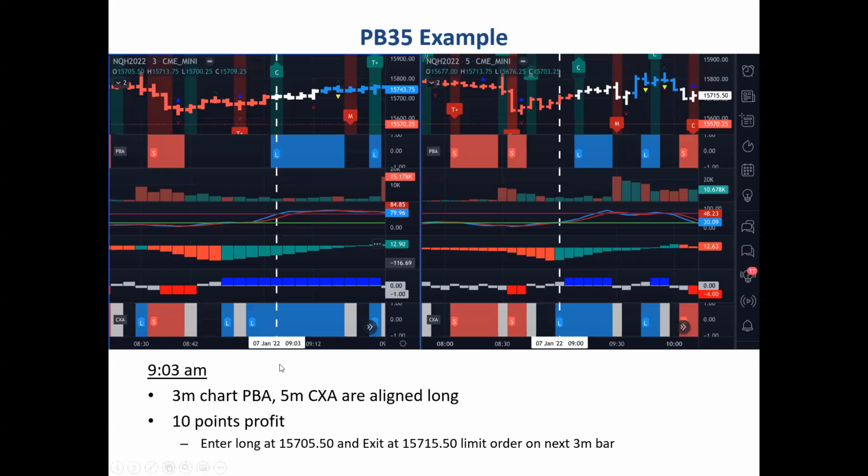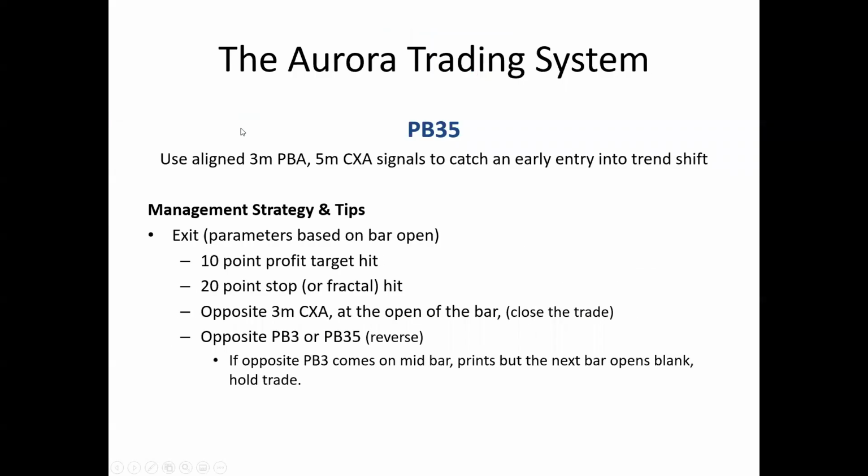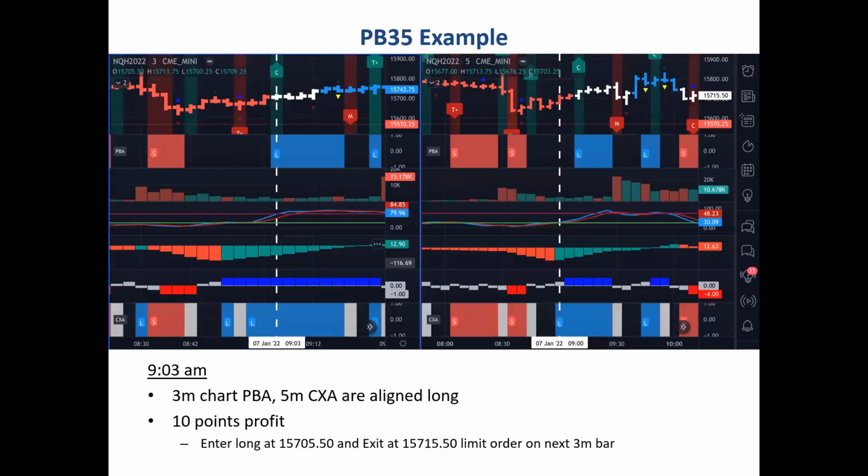So in this case, the 3-minute opened at 15,705 and a half. You see that down here. And the exit was 15,715 and a half because we're using a 10-point profit target off of the bar open.